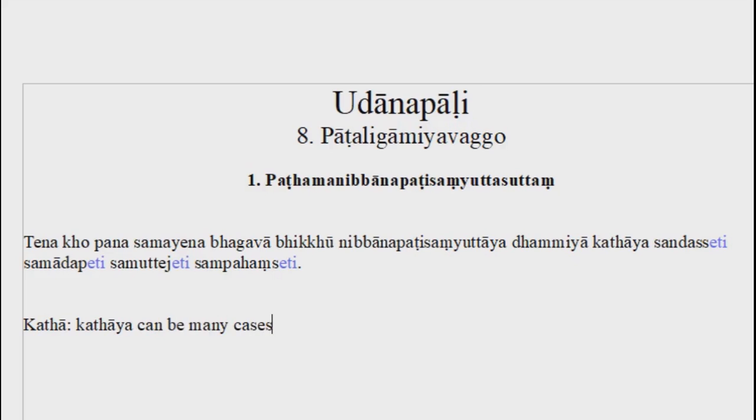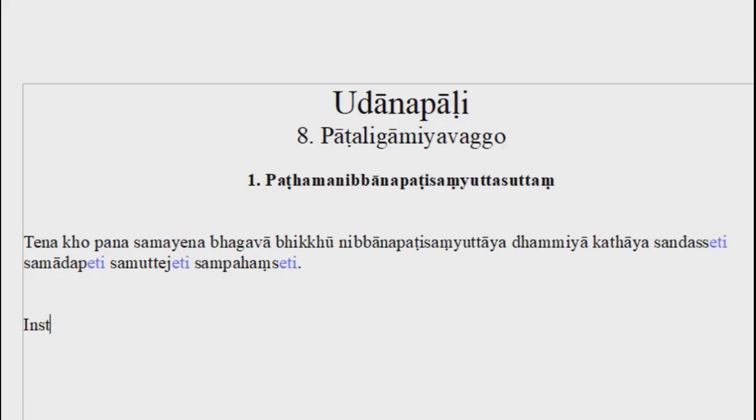So with that being the case, we just have to think about what is the function of this in the sentence. And even if we just look at the first verb we have, to instruct, that the Buddha is instructing, or sandasseti, or probably instructing with, exciting, gladdening with. So that would be instrumental. So that's one way to think through this.